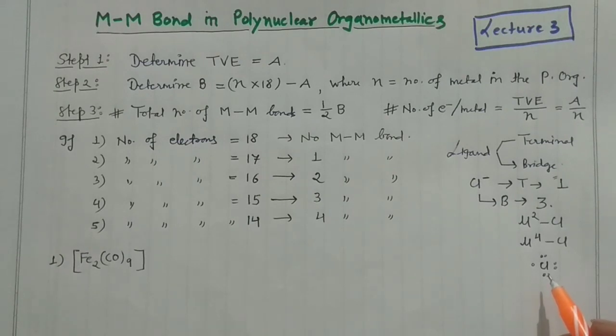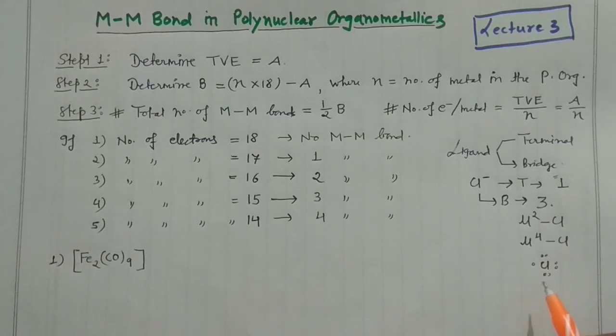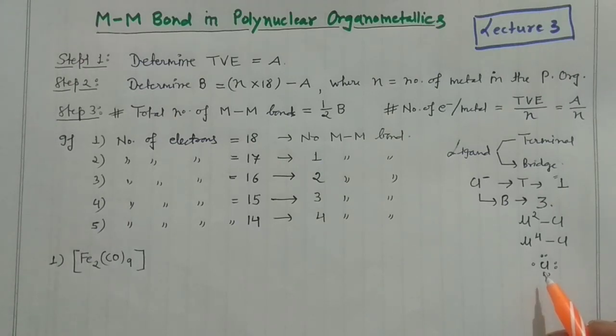So how many electrons can it donate? Remember one thing: whatever donation of electrons is done by the ligand, it will do only after forming one covalent bond. That means first it will complete its octet, and after that it will donate electrons.